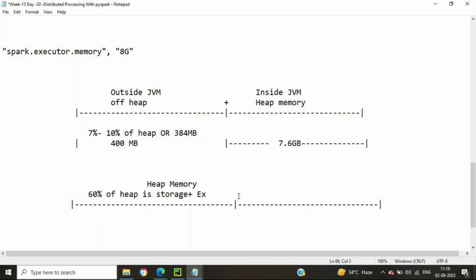Then 40% of this is user memory. And over here, 300 MB is reserved.